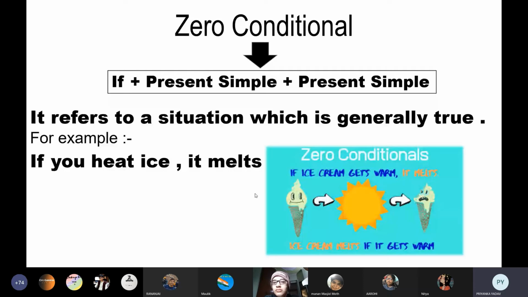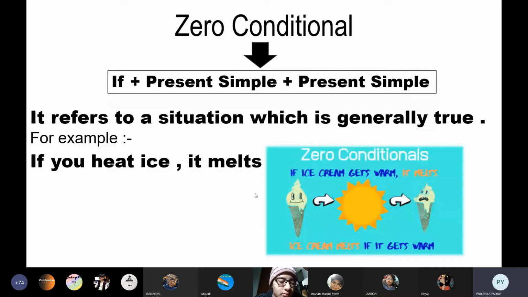For example, if you expose phosphorus to sun, comma, it burns. So it's a scientific fact. Similarly, second example, if you heat water to 100 degrees Celsius, comma, it boils. So these are scientific facts you cannot change.